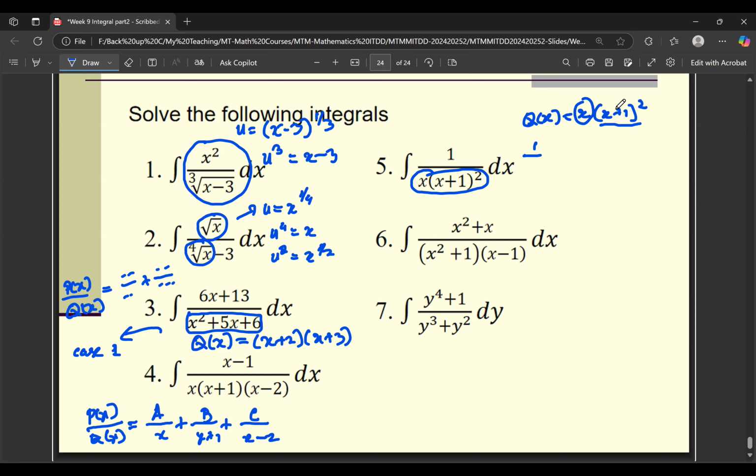So for 1 over (x plus 1) squared, the partial fraction will have (x plus 1) squared, and plus the third is x plus 1, because the repeating linear factors are 2 times. So this is a, b, and c.